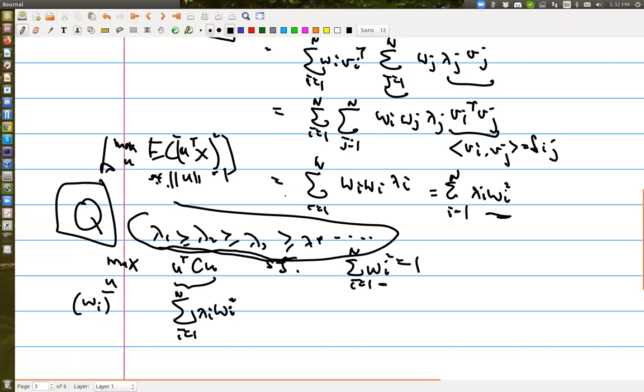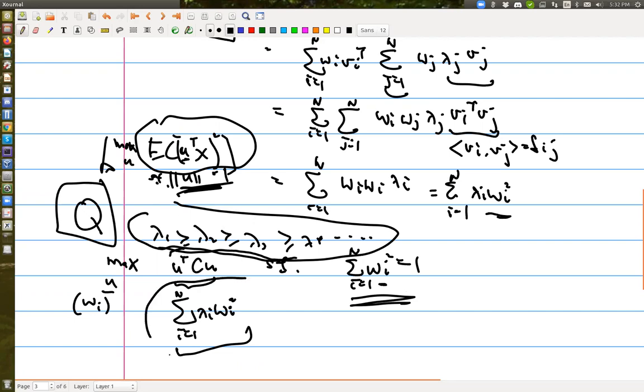We say that, okay, after decomposing u into eigenvectors of C, we get the conclusion that this term here is just equal to the sum of lambda i and Wi square, and with the constraint that the norm of u is equal to 1, this is basically the sum of Wi square is equal to 1. So what's the maximum for W here? How do I maximize this given this constraint?